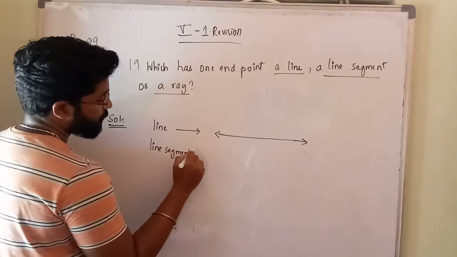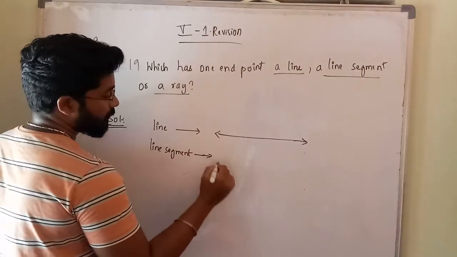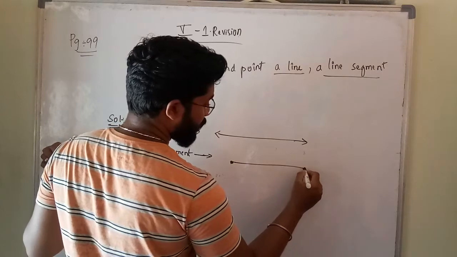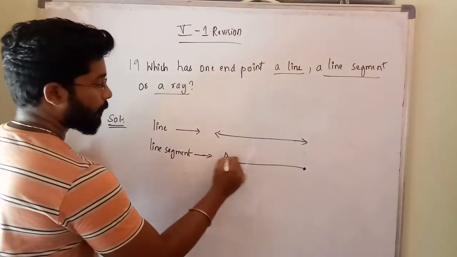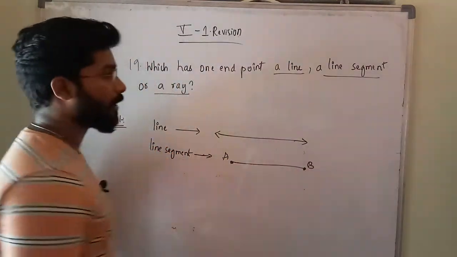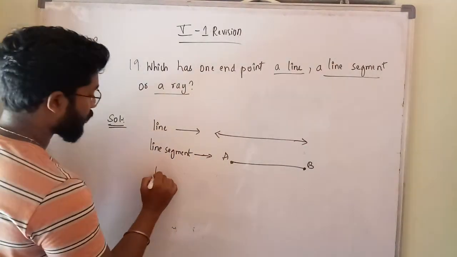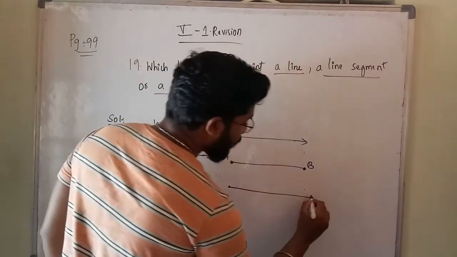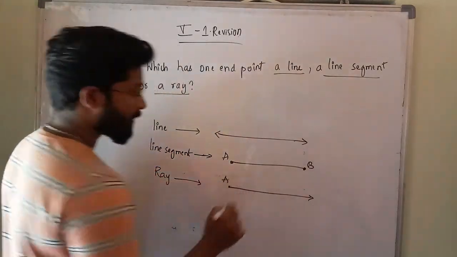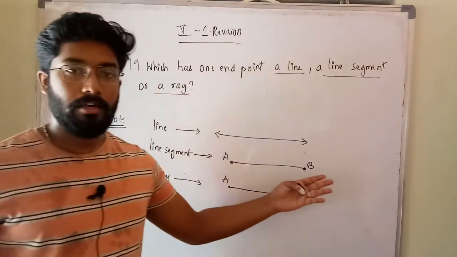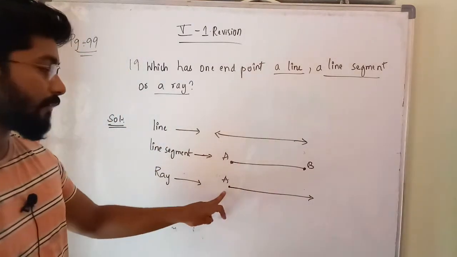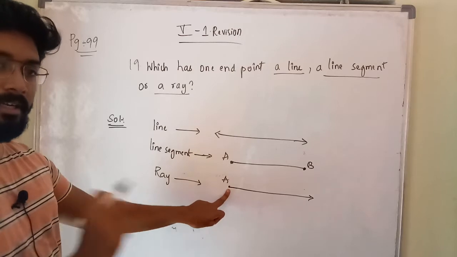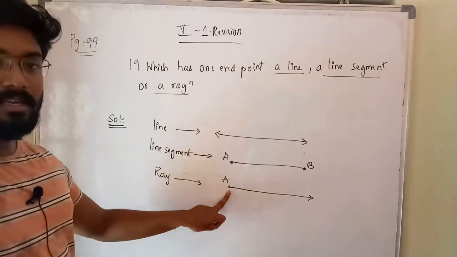A line segment means it is a line containing two end points. Ray, if we talk about a ray, it has one end point, and in one direction it will extend infinitely. At one point it is having one end point, and in the second direction it will extend infinitely.